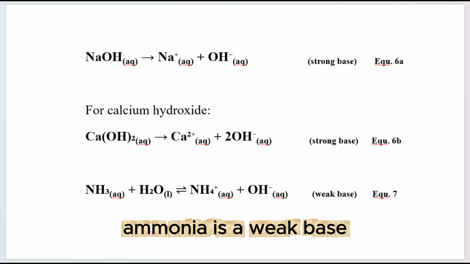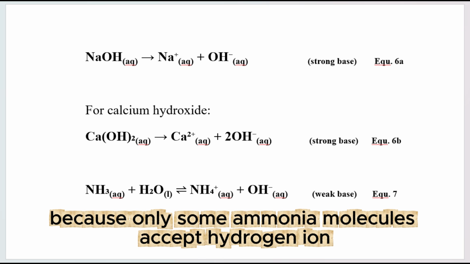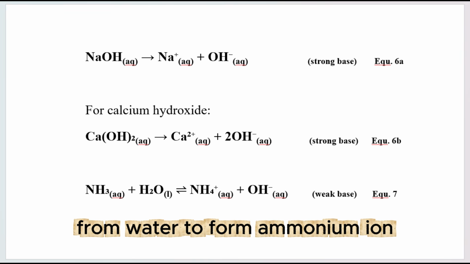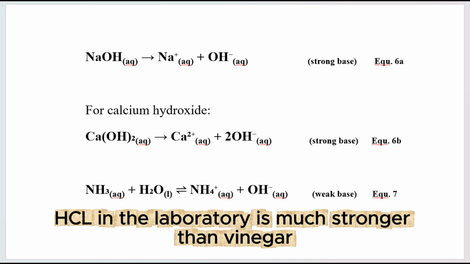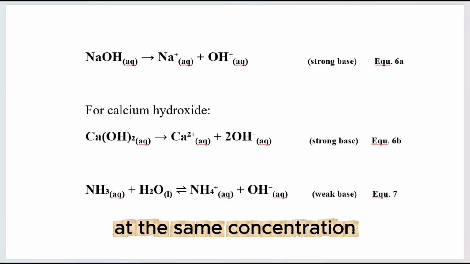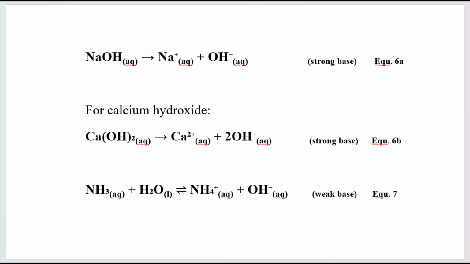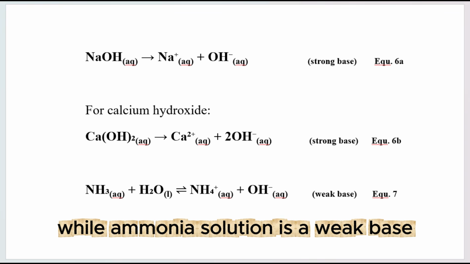Ammonia is a weak base because only some ammonia molecules accept hydrogen ions from water to form ammonium ion and hydroxide ion. Note the practical comparison below. HCl in the laboratory is much stronger than vinegar at the same concentration. NaOH is a strong base, while ammonia solution is a weak base.